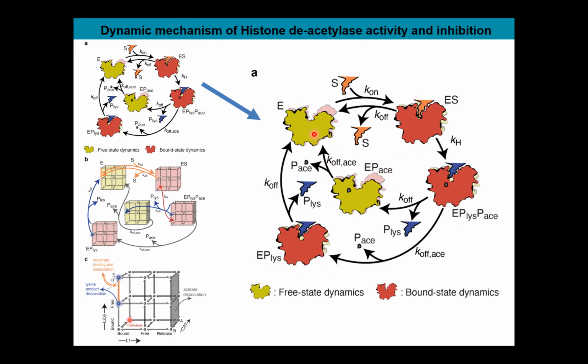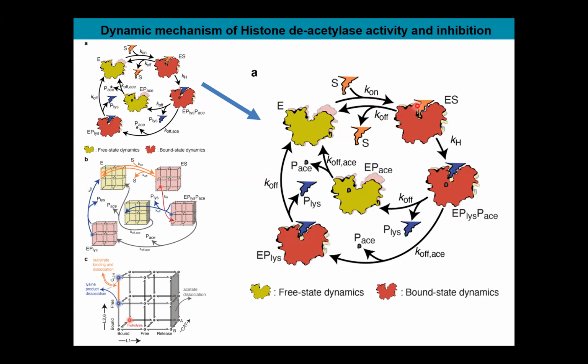The first assumption I have made: the enzyme and enzyme bound to product acetate will have similar dynamics because they have the free binding tunnel. While the enzyme bound to substrate, enzyme bound to product lysine and acetate, and enzyme bound to product lysine will show similar dynamics because they have something already bound to the binding tunnel. It means the active site is not free.